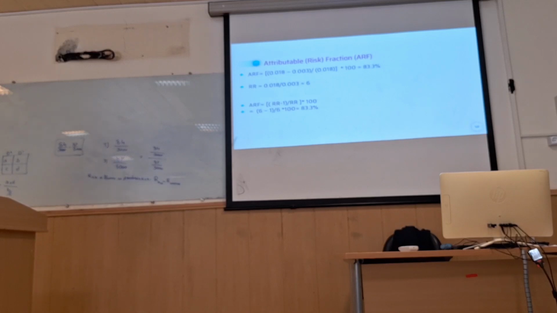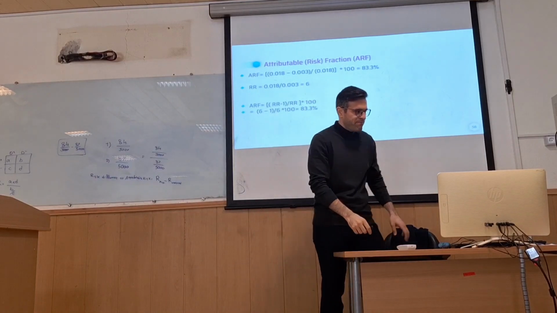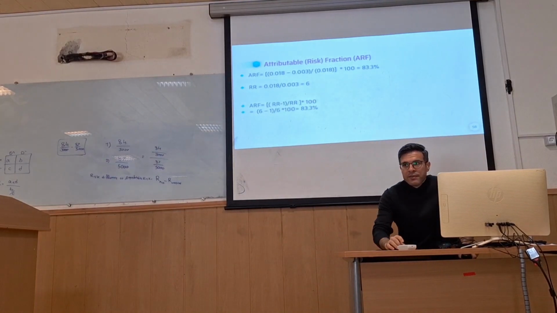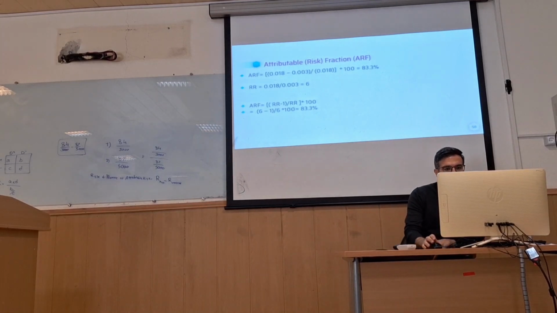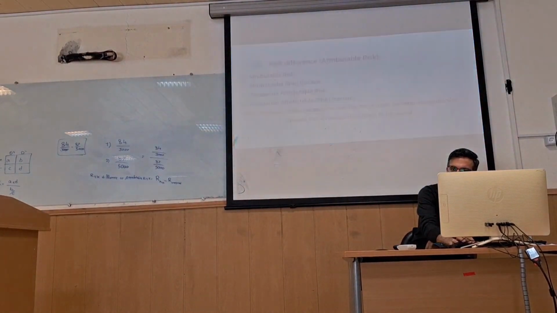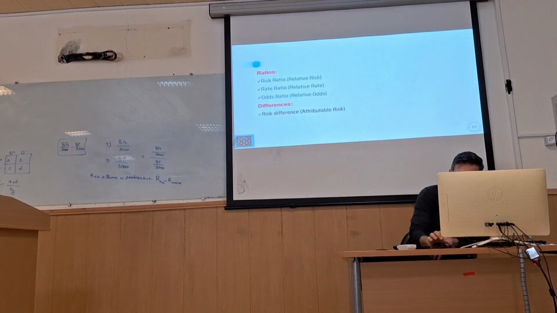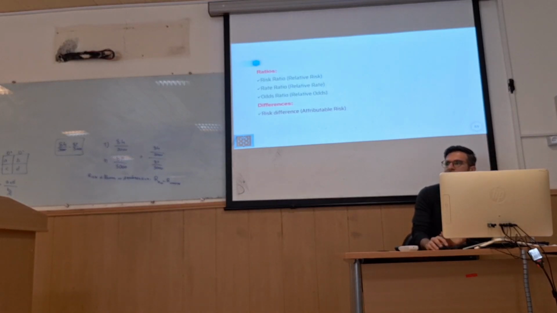What does it mean? 83.3. The proportion of the people who get the disease in the exposed group that is attributable to the exposure is 83.3%. It's very easy.